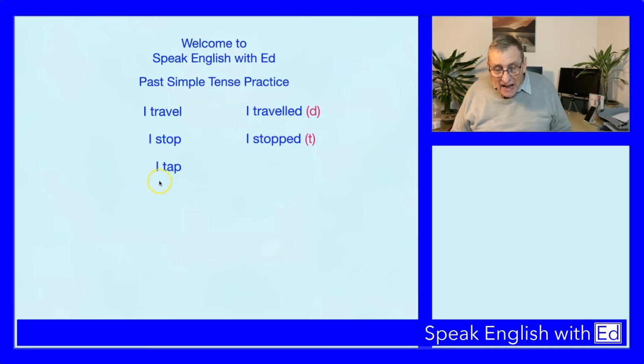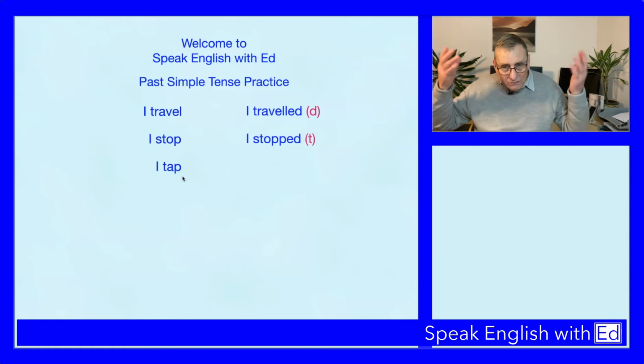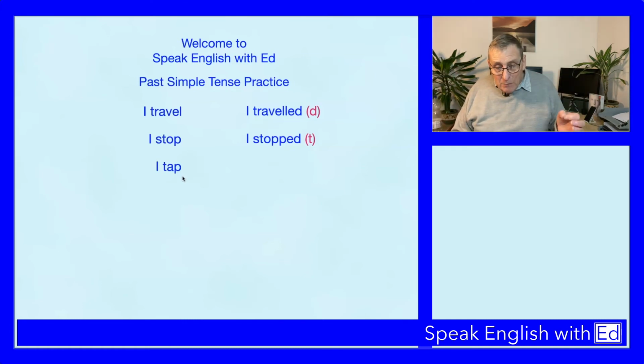This is I tap. I tap into my memory cells to recall whatever. I tap. All these words have only three letters, and tap is a consonant, a vowel, and another consonant.